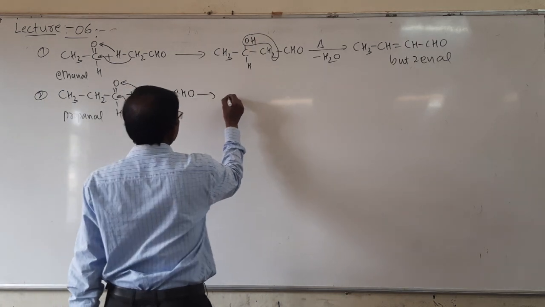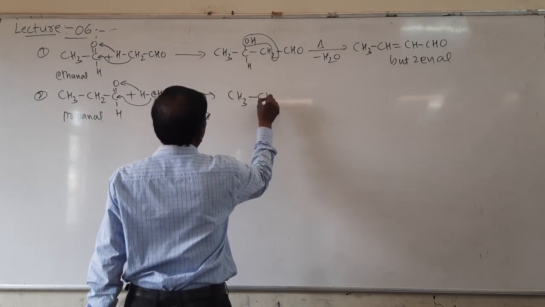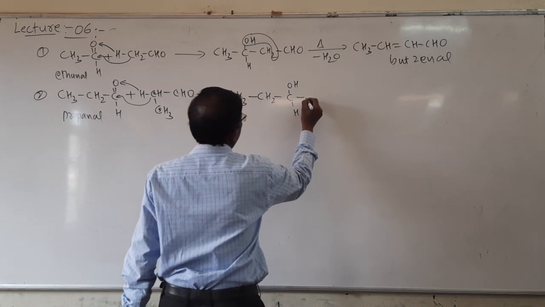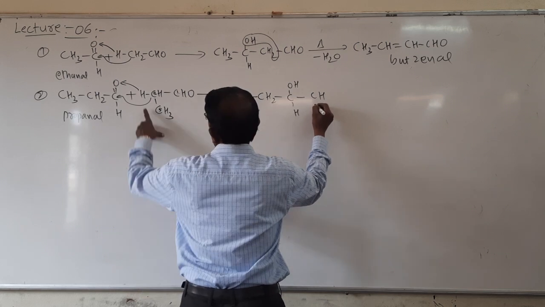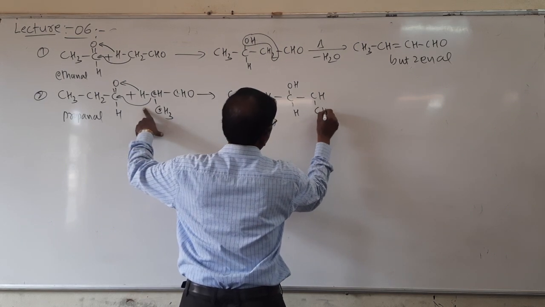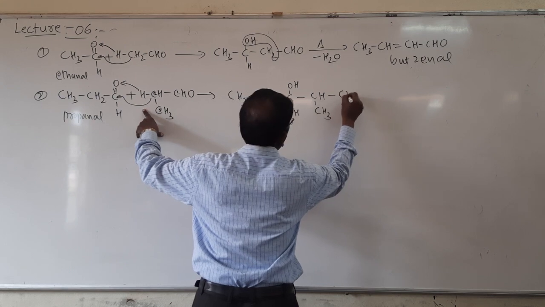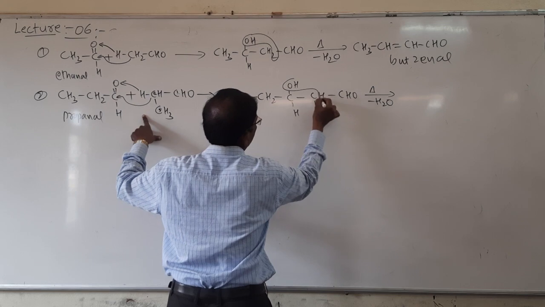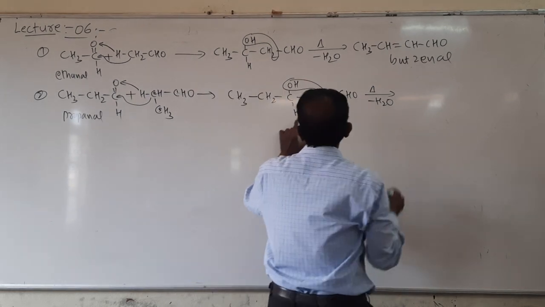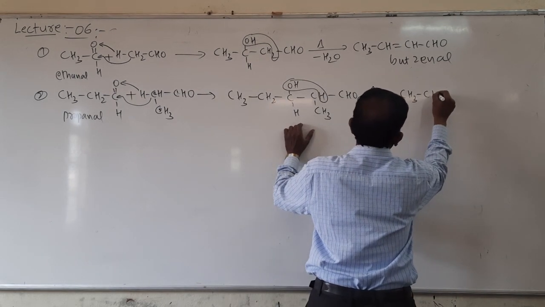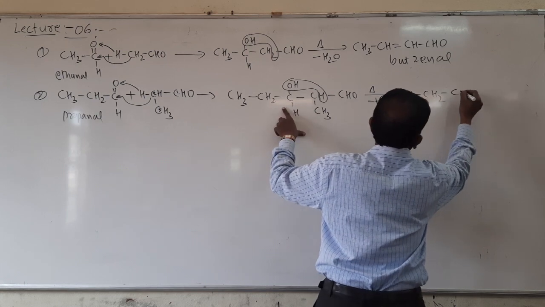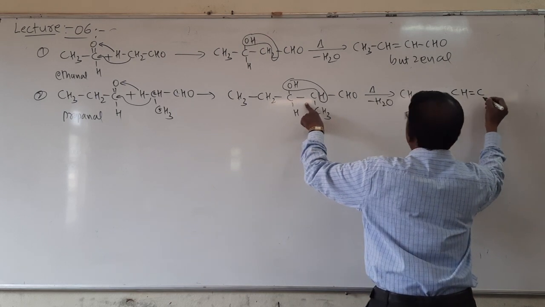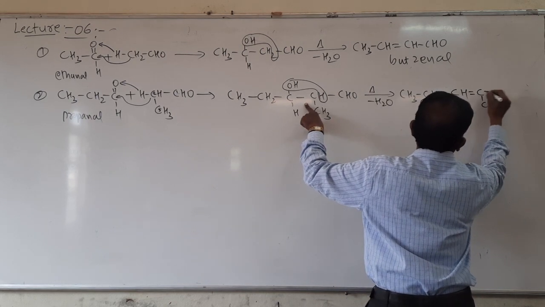It forms CH3, CH2, COH, H, and CH. Here it is attached, CH, CH3, and then CHO. When it is heated, it loses a water molecule. So the water molecule is removed, and then it forms CH3, CH2, CH, then double bond C, CH3, CHO.